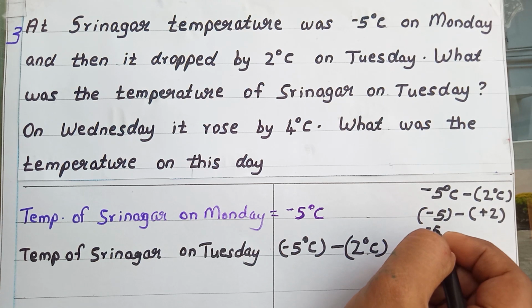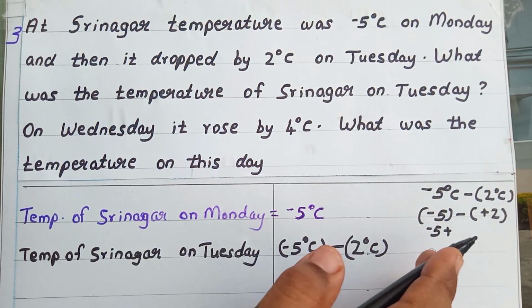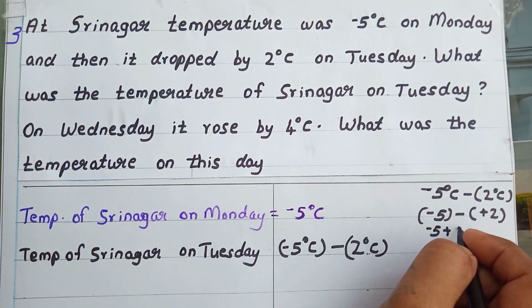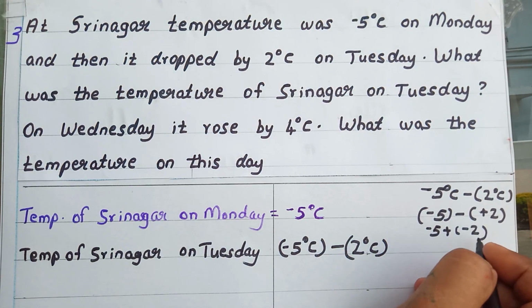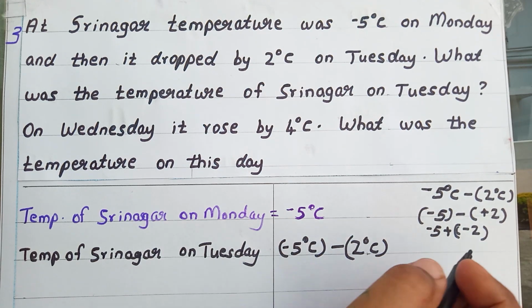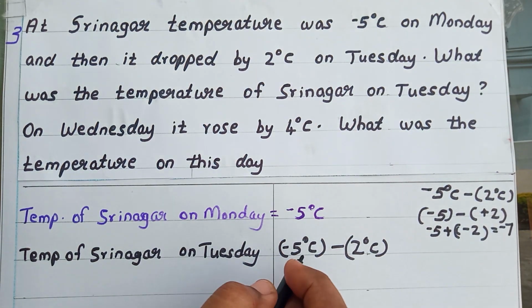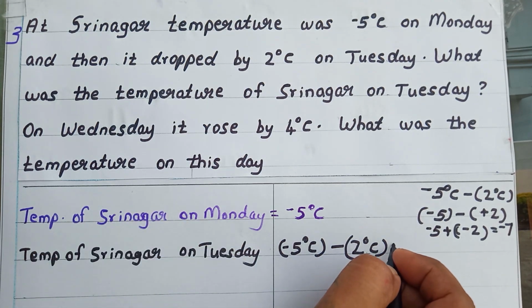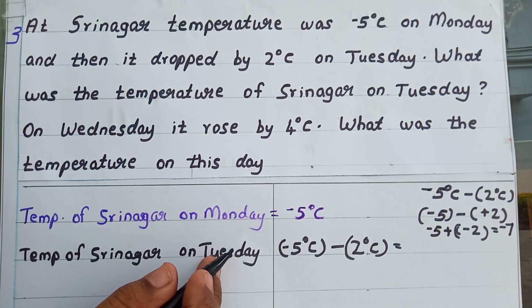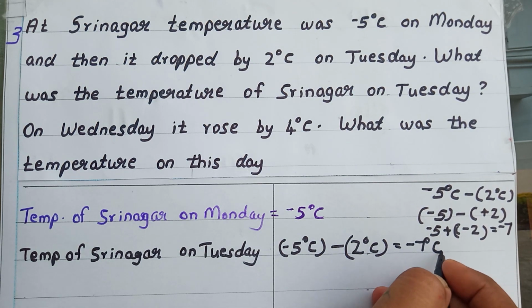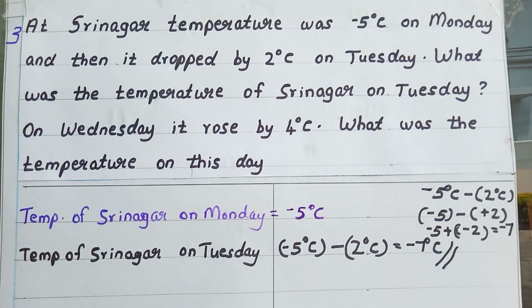So -5 plus, and then take the additive inverse of the second number, that is -2. Adding these two numbers, we will be getting the answer -7. So temperature of Srinagar on Tuesday is -7 degrees Celsius.